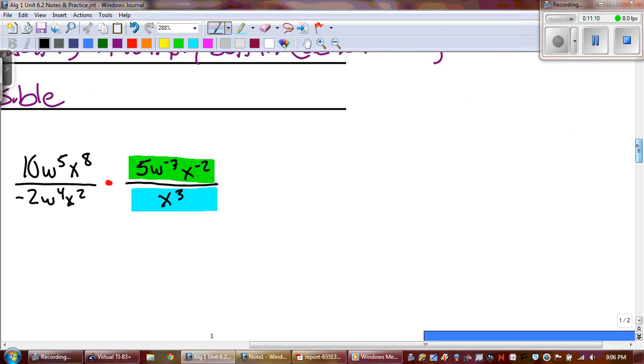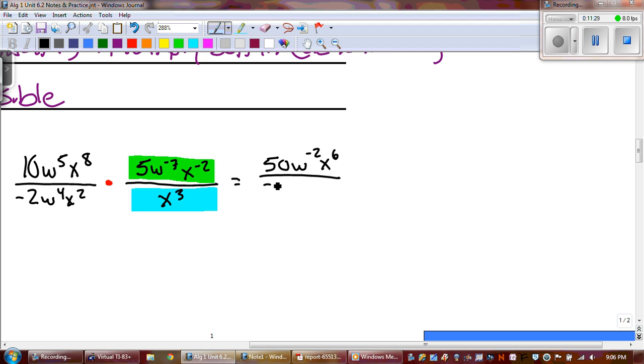Okay? Now, multiply across. 10 times 5 gives us 50. 5 minus 2 gives us negative 2. And then positive 8 and negative 2 gives us positive 6.